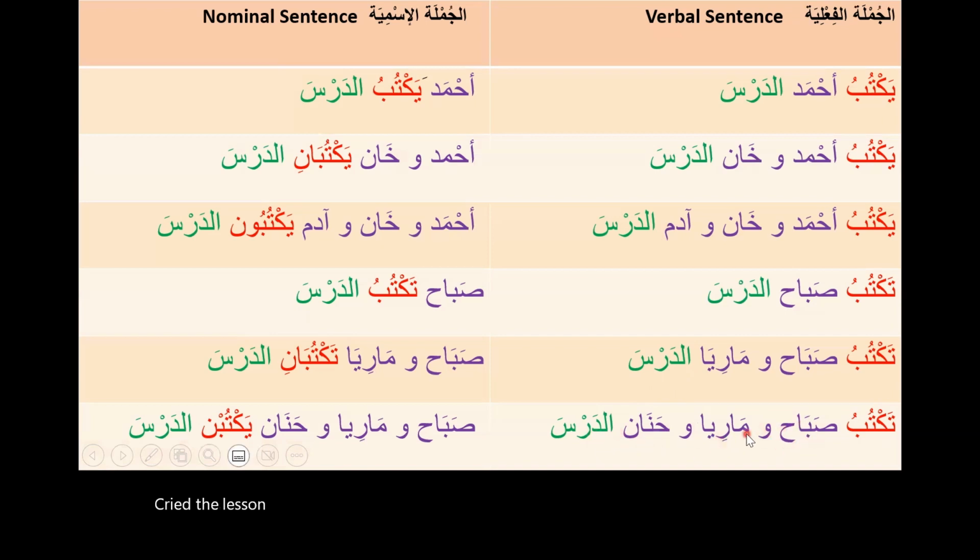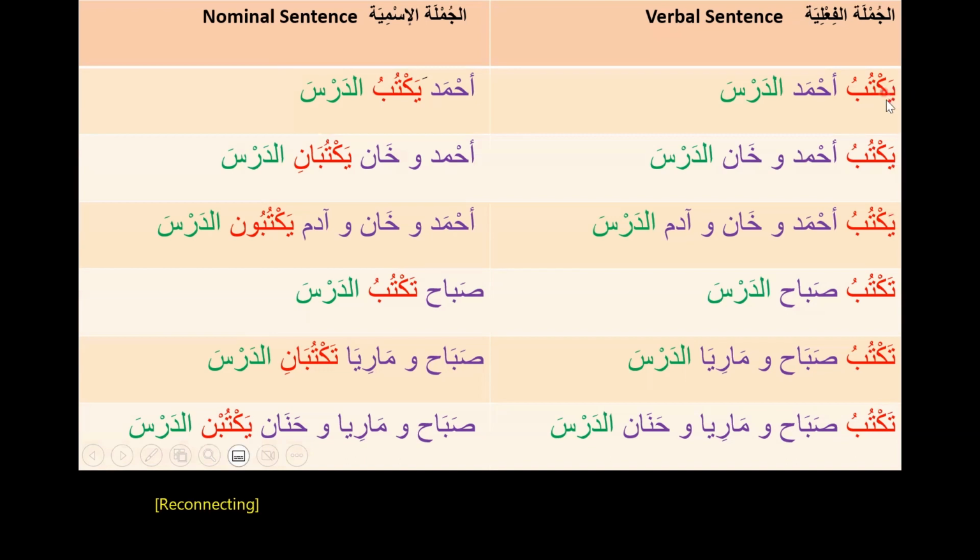So Sabah, Maria, and Hanan write the lesson. As you can see here, first we start all the sentences with the verb kataba, which means to write. And then we attach ya in case of masculine.